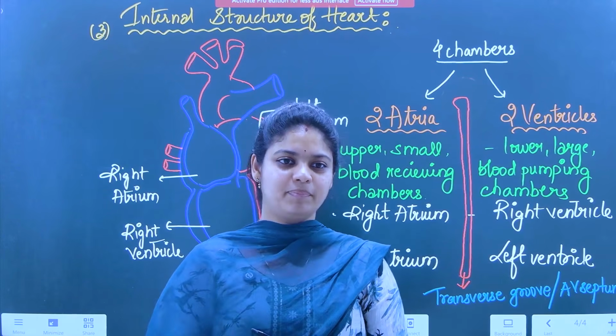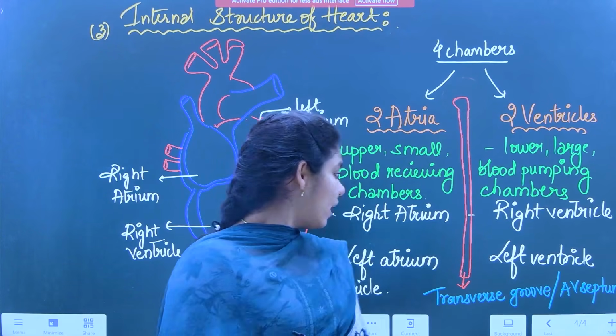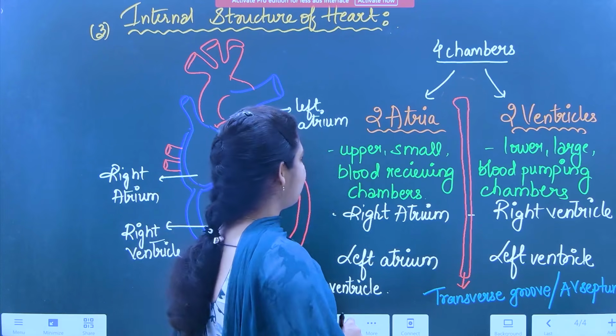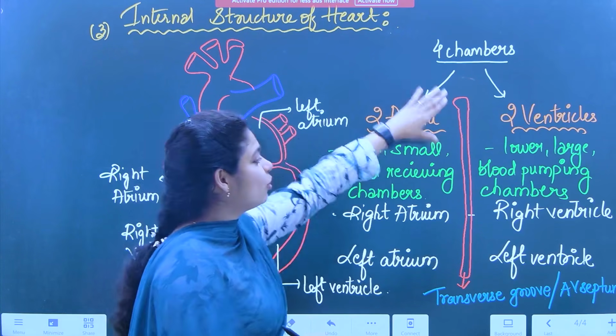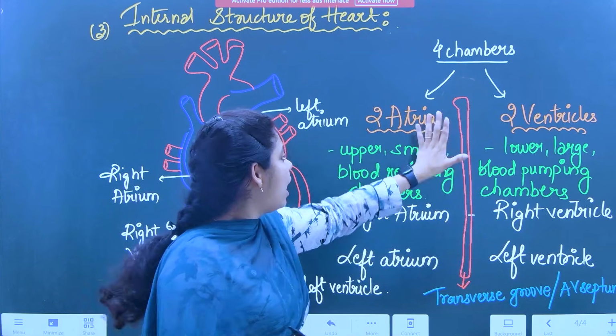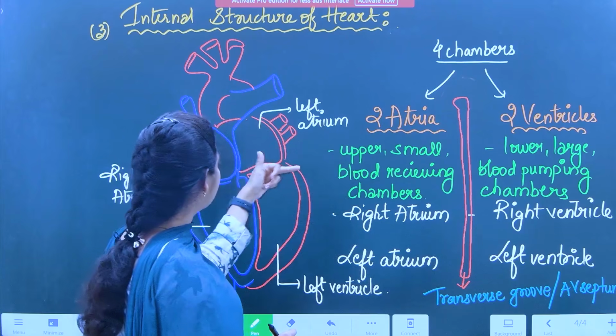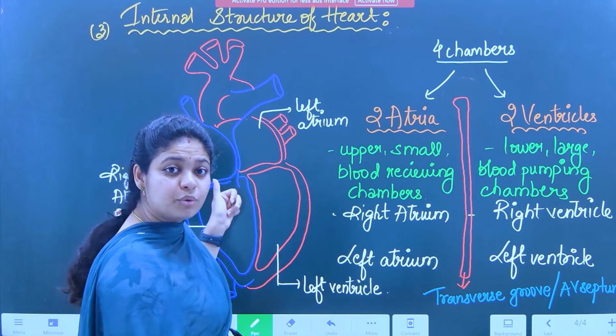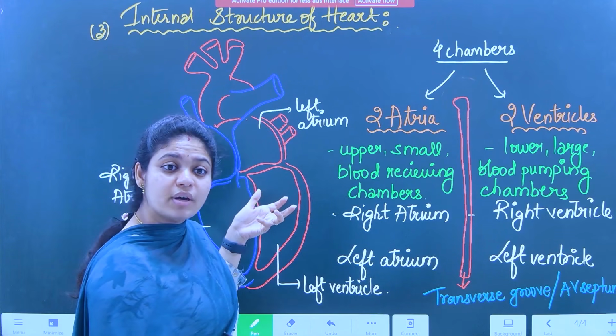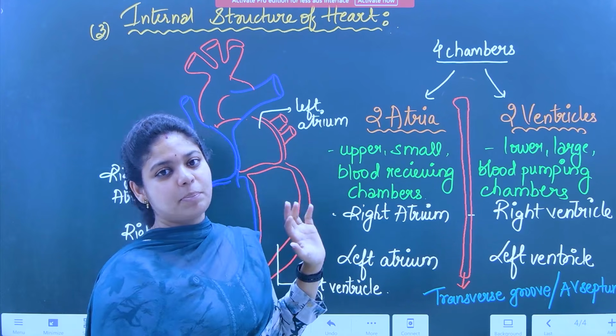What is AV? Atrioventricular septum. I am writing it over here so that you understand. Upper chambers and lower chambers are separated by a transverse groove, or it is also called AV septum.